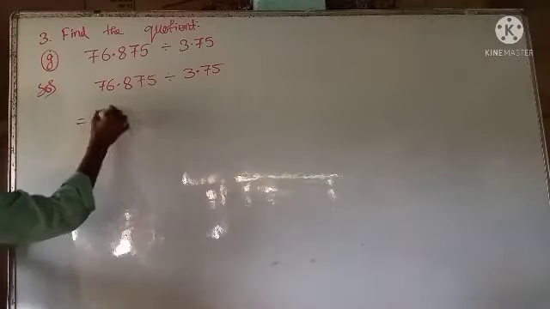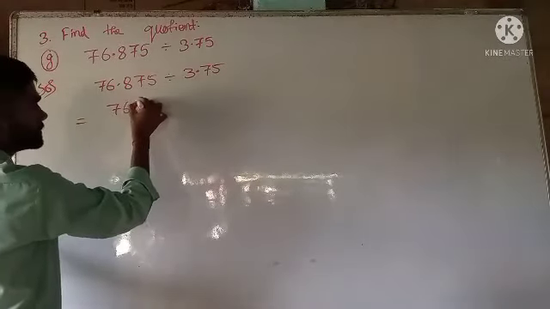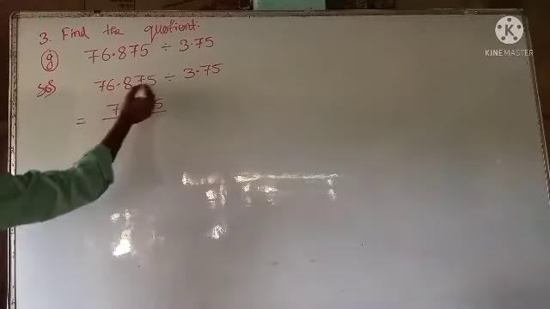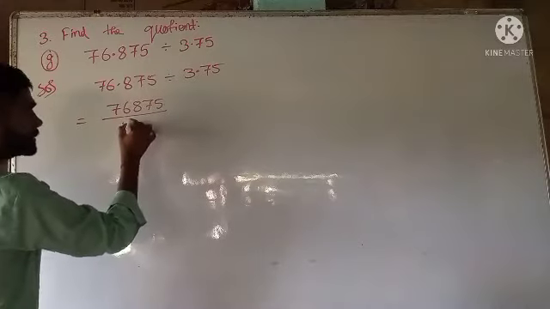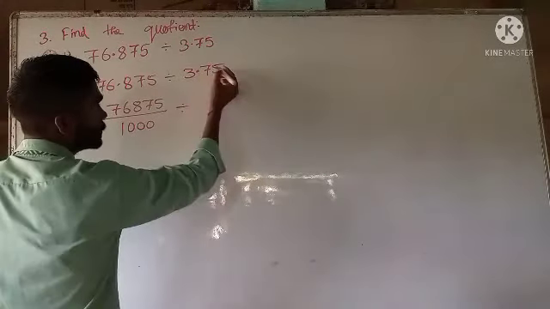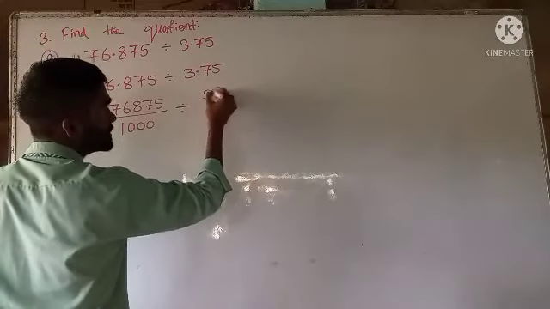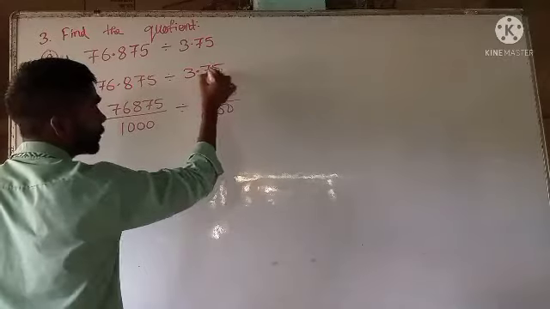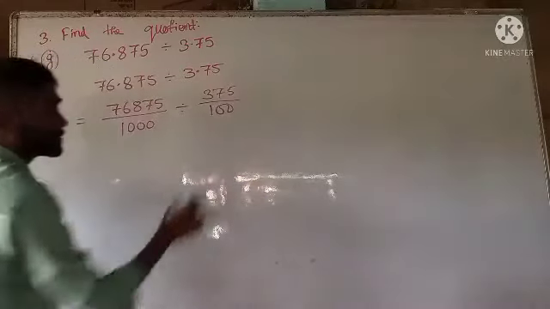So here 76875, we'll divide it by 1000, because after the decimal point there are 3 digits, so we write 3 zeros. Divided by 375 over 100, because after the decimal point here there are 2 digits, so 2 zeros.